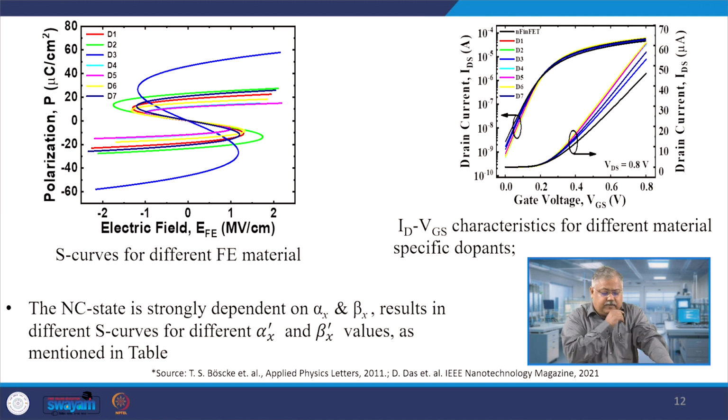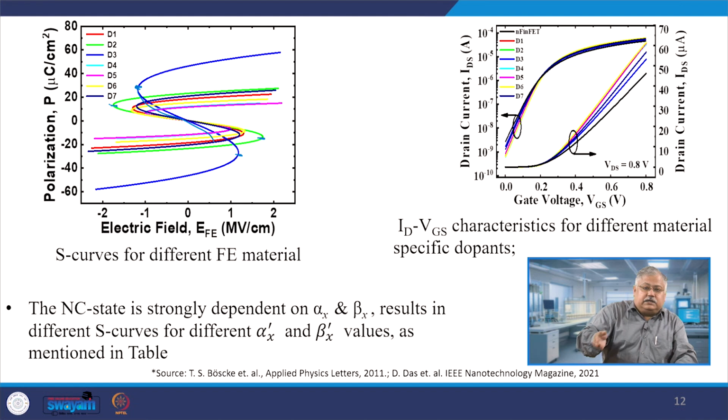Interestingly, if you look at the blue curve, which is the D3 material, the S curve is from this point to this point, where you have a negative capacitance, whereas for the green one, which is D2, it is between this point and this point. This tells me that the electric field at which the negative capacitance starts to take place is much higher for the D2 material as compared to the dark blue colored graph.